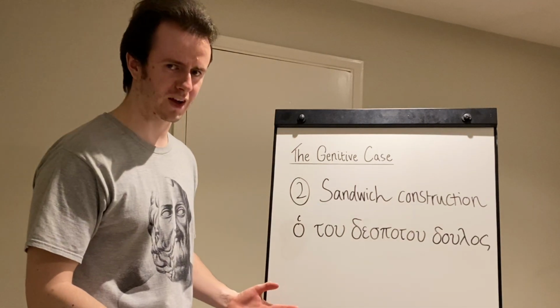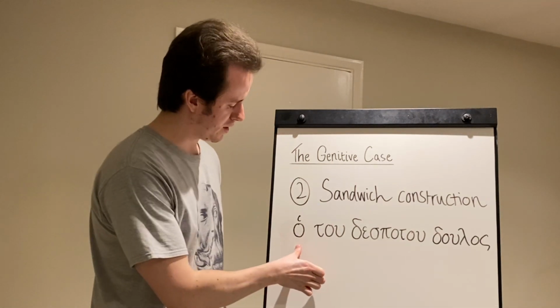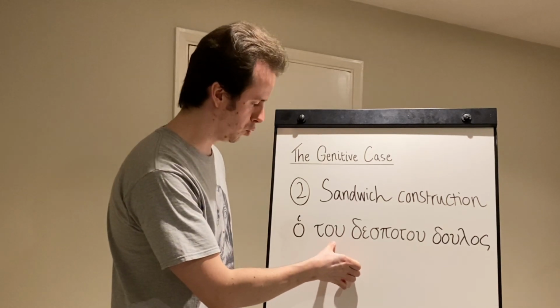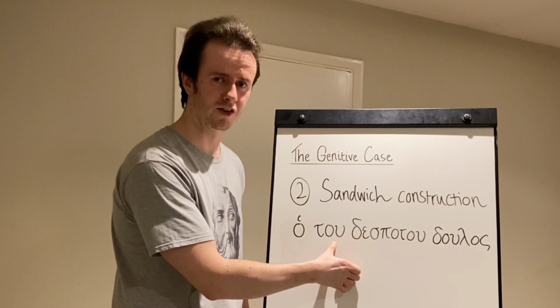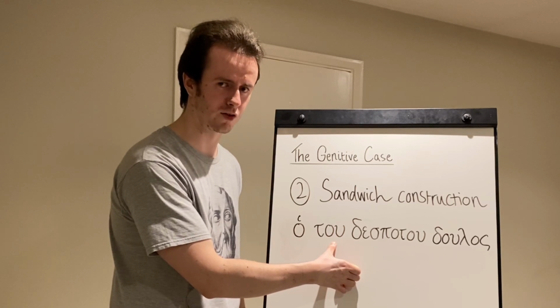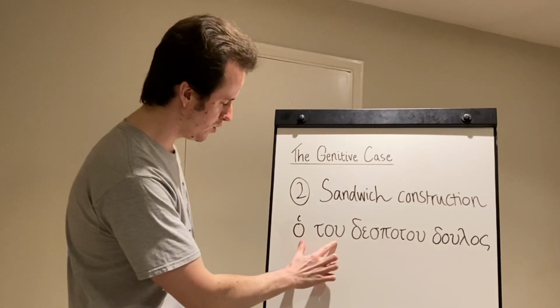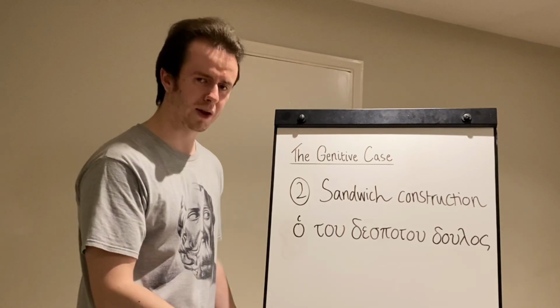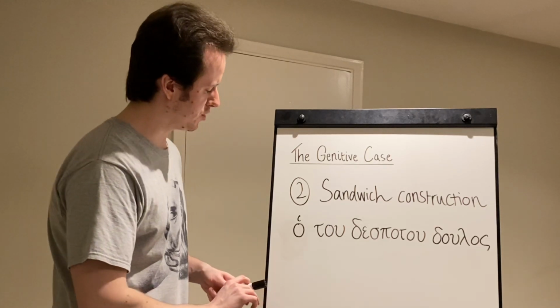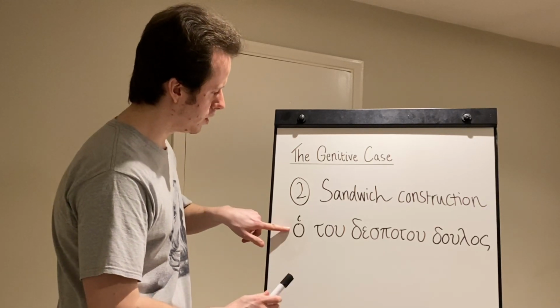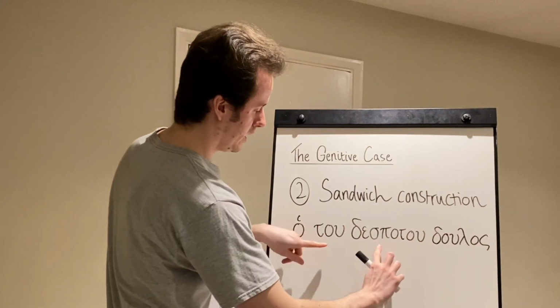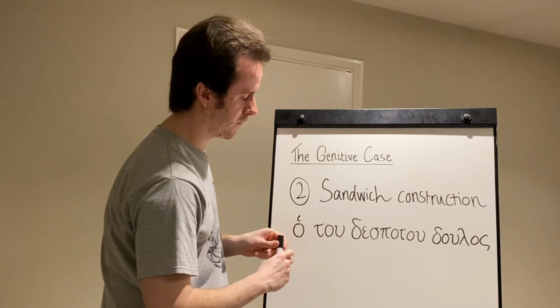So what has happened here? Ho, the masculine nominative singular form of the definite article, is next to tou, the masculine genitive singular form of the definite article. So we've got two definite articles next to each other. To explain what's happened here, I'm going to point out the fact that ho is applying to doulos still, and tou despotou is the genitive phrase.